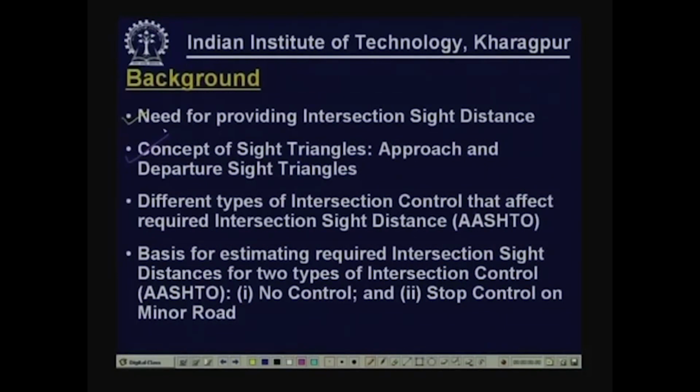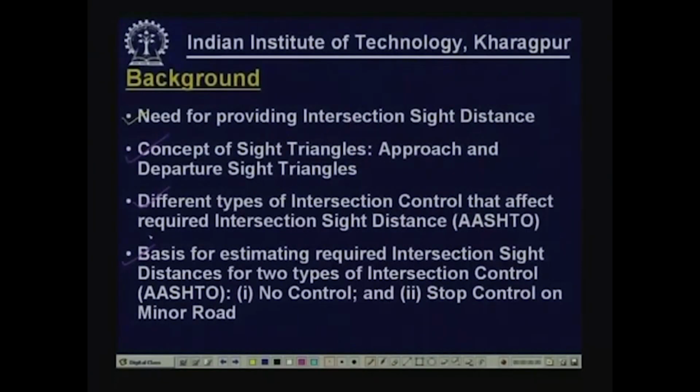We also discussed different types of intersection control that affect the required intersection side distance, particularly the different intersection controls as considered by AASHTO, the American Association of State Highway and Transport Officials.